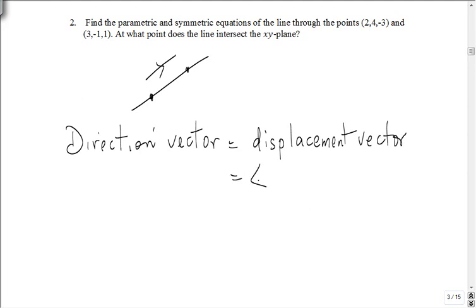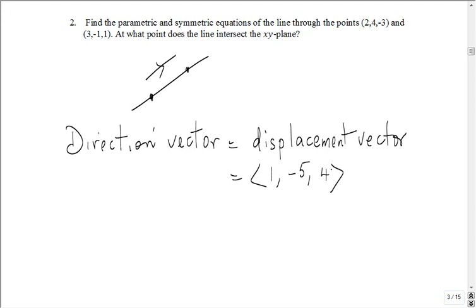You can subtract in any direction, it really does not matter. So I'll do 3, -1, 1 minus 2, 4, -3. So that would be <1, -5, 4>. So that's your direction vector.